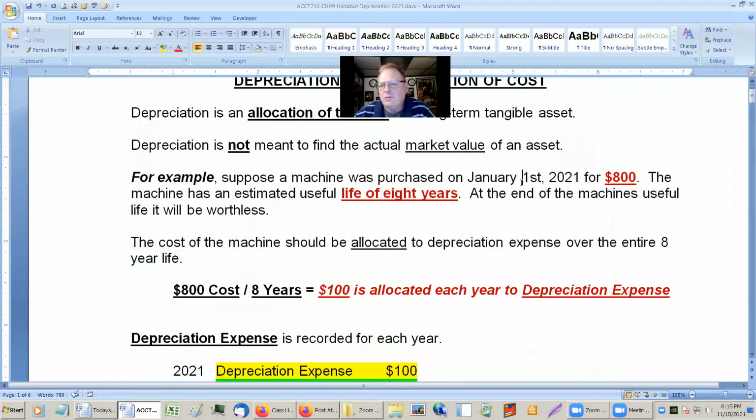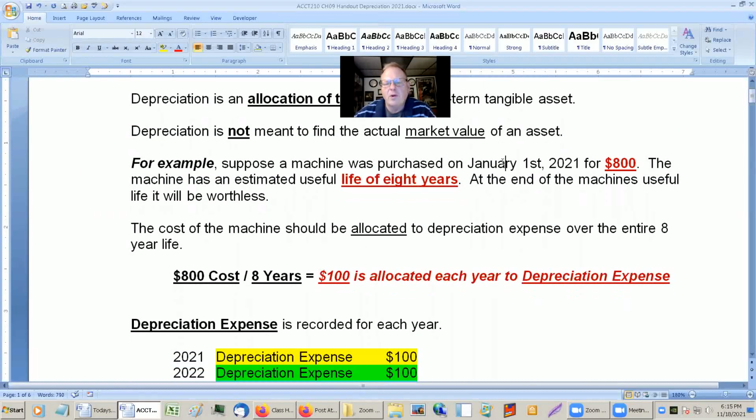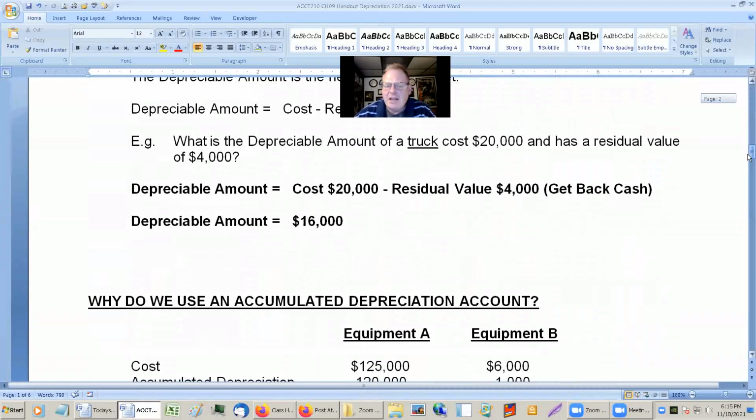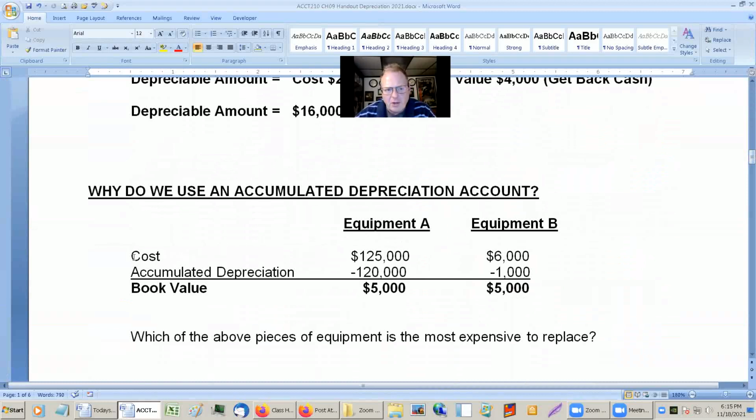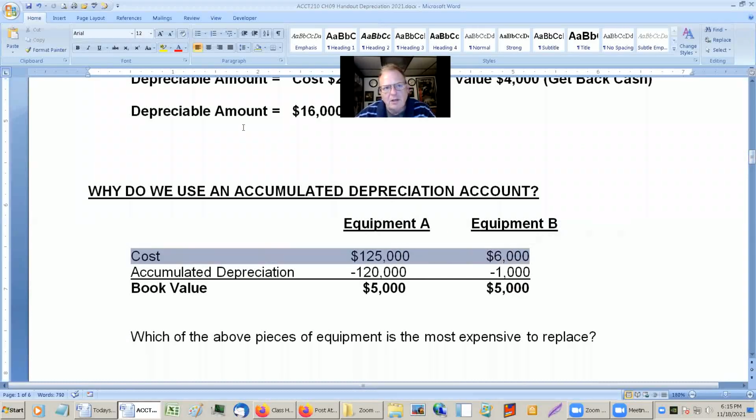Just take it right out of the asset. If this is a machine or equipment, whatever, just take $100 out of the machine account. Easy. The idea is though that the actual cost of what it is can make a difference.